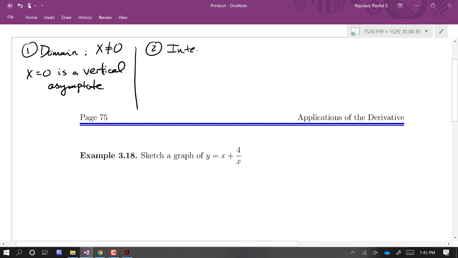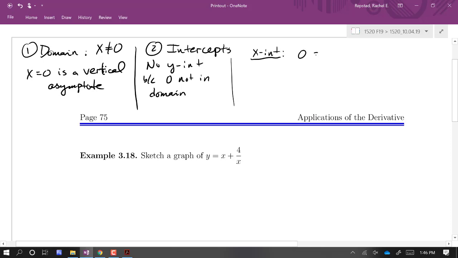Now intercepts. What about the y-intercept? There is no y-intercept. Yeah, 0 is not in the domain. For the x-intercept, we're going to set y equal to 0. So 0 is equal to x plus 4 over x.